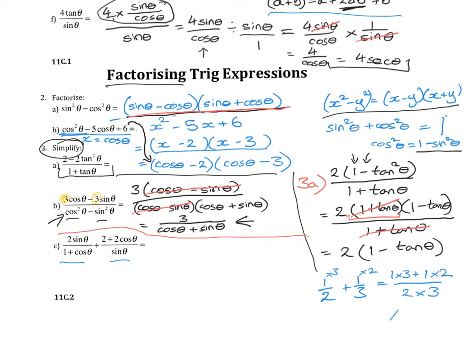So just like in this example, our new denominator is this denominator times this denominator. Okay, so it's 1 plus cos theta times sine theta. And then I want to times this numerator by sine theta. So I get 2 sine squared theta.